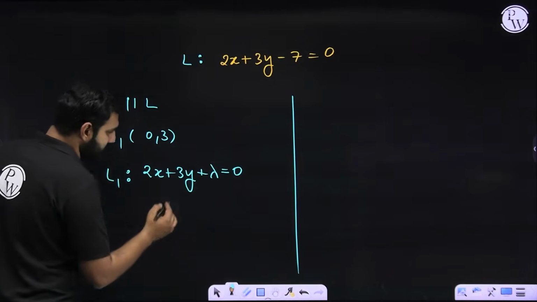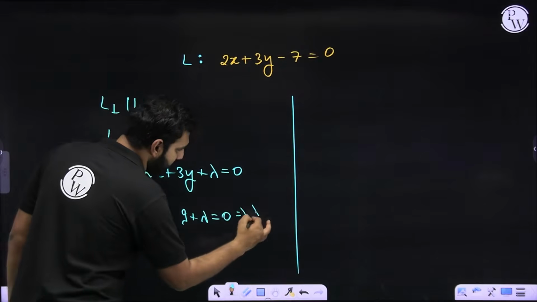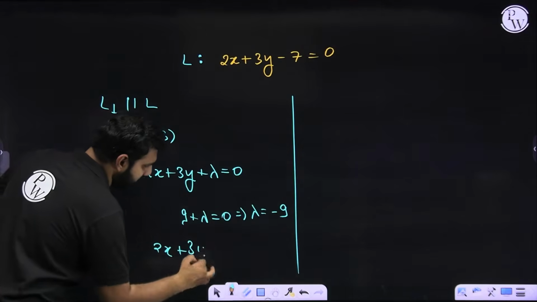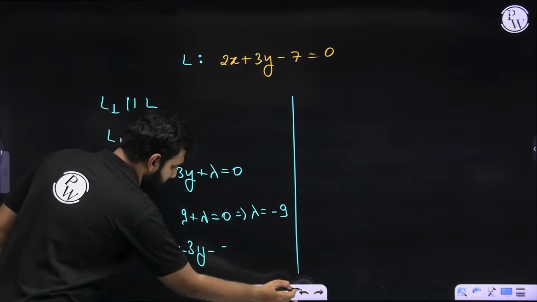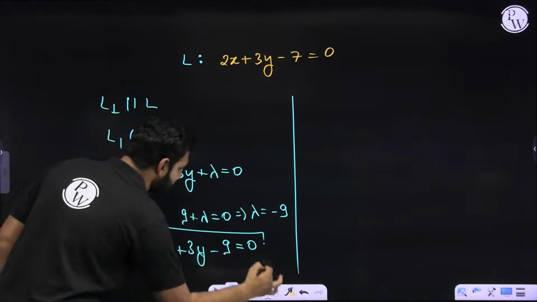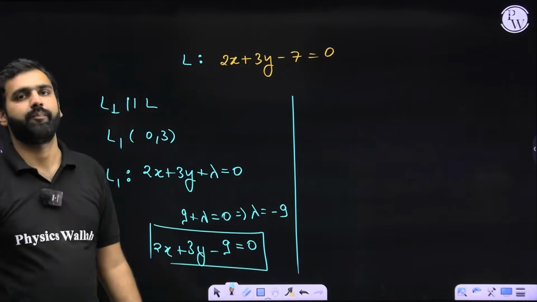So 0 plus 3 into 3 is 9, plus lambda is equal to 0. From here we get that lambda is minus 9. On the basis of this, 2x plus 3y minus 9 will be the equation of this straight line which is parallel to L and passes through 0, 3.